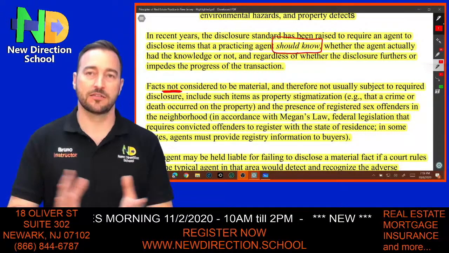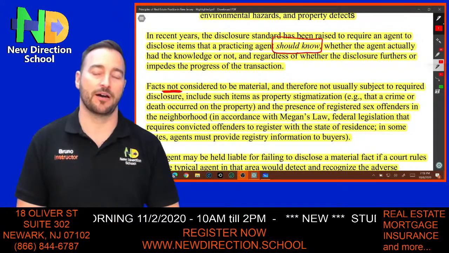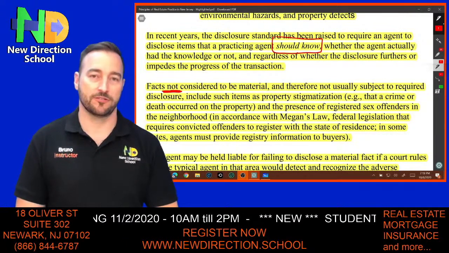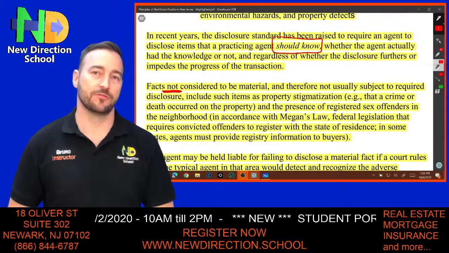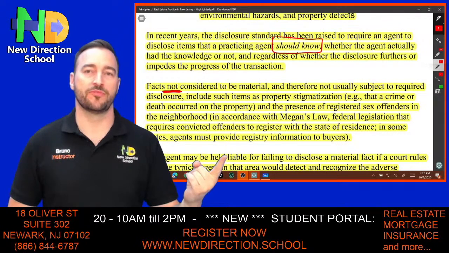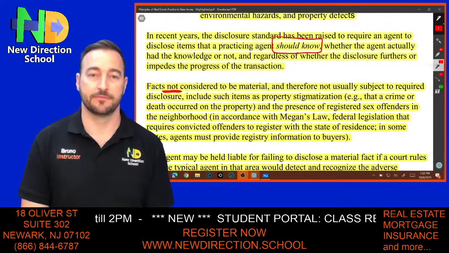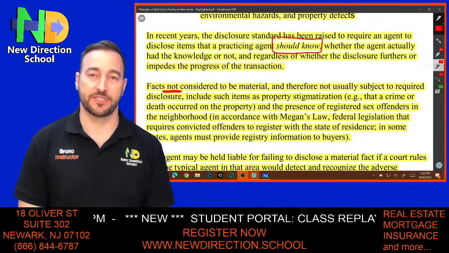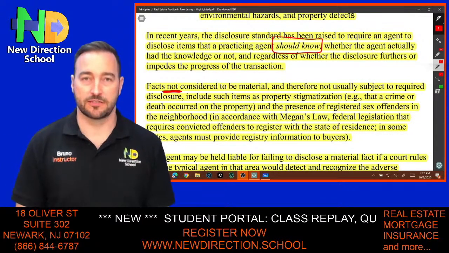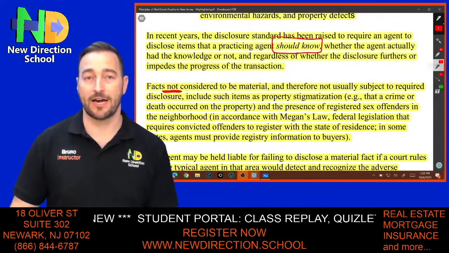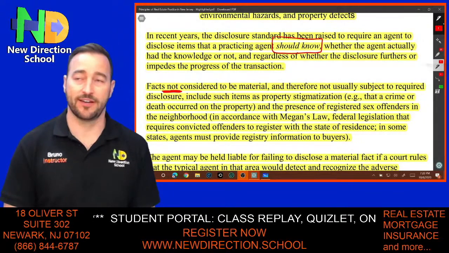So it sucks, but we cannot even talk about sex offenders. If somebody asks you, then all you have to do is provide the registry information where they can find it. That's it. Mr. or Mrs. Potential Buyer, there's a list on the state website or the county level. There's a list of sex offenders right on the first page.